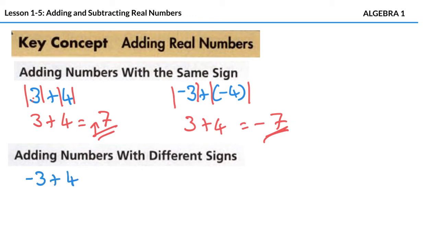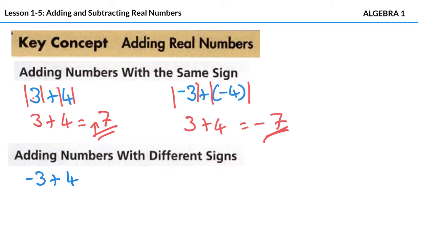Okay? Now how do we do this? To add two numbers with different signs. Now over here the signs are different. The sign of 3 is negative and the sign of 4 is positive, and both are added. Subtract their absolute values. The sum has the same sign as the addend with the greater absolute value.